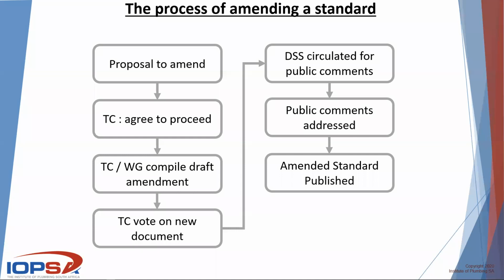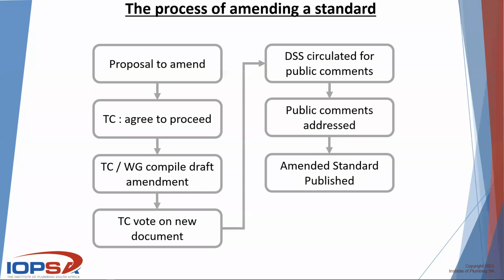The process of amending a standard. So this is what the national norm says, how a standard should be amended. It starts with a simple proposal. Anybody can make a submission and say, please change the standard for this reason. The technical committee, I'm just going to refer to it as the committee, must then agree to the process.